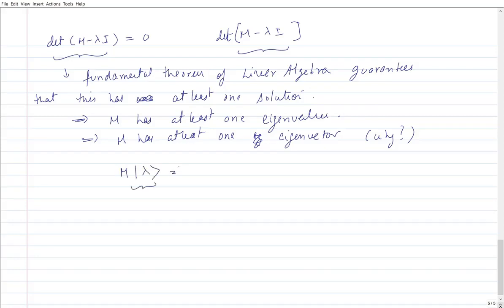This is the eigenvector. And having an eigenvalue guarantees that I have at least one eigenvector. I just am seeking a solution to this equation. And so for this to hold, I need one root over here. One eigenvalue implies that I have a non-zero eigenvector.